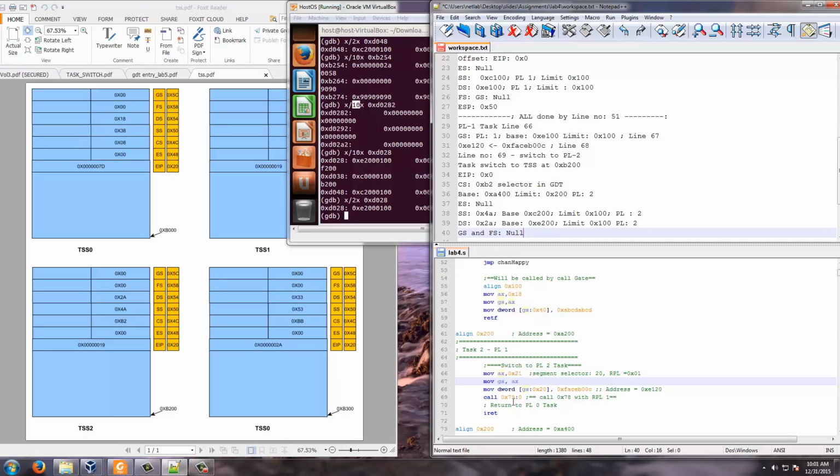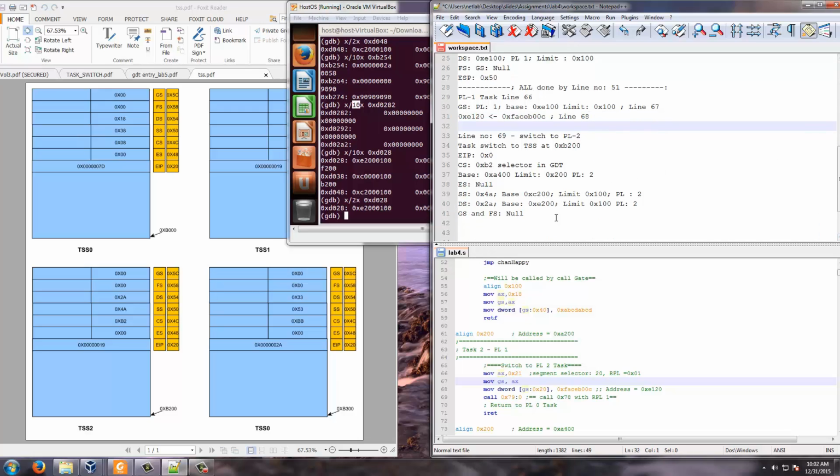So all these things happen because of this particular call 0x79:0. This is happening at line number 69. Okay, so this is all done by line number 69.